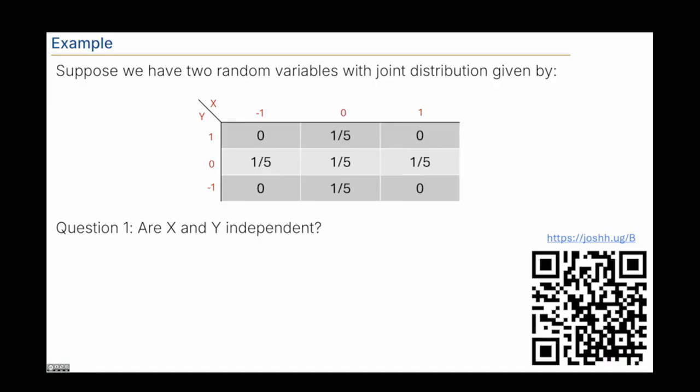So this is a jointly distributed pair of random variables. x could be minus 1, 0, 1. That's the range of x. And y could be minus 1, 0, 1. And these are the probabilities of the combinations.